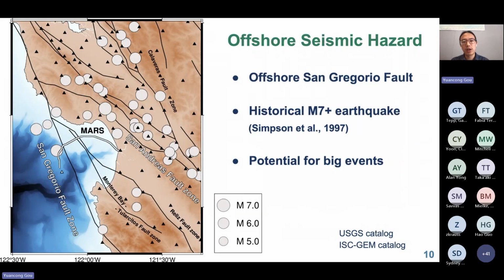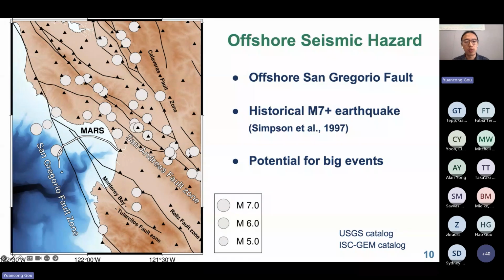Now let's talk about the offshore seismic hazard in this region. We have a major fault zone called the San Gregorio fault zone, offshore in this region. Historically, some paleoseismology studies suggest a magnitude 7+ earthquake happened on this fault.